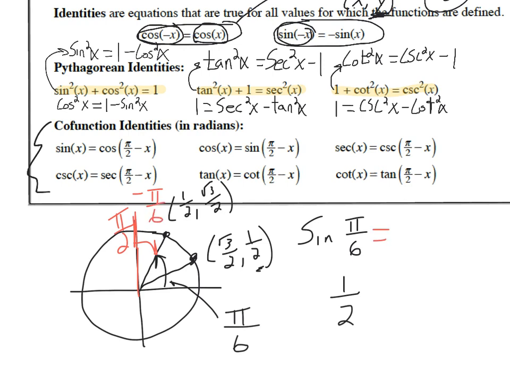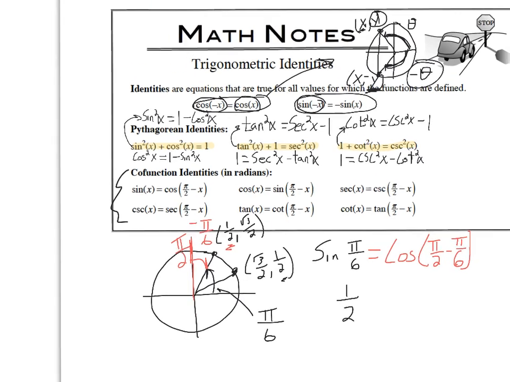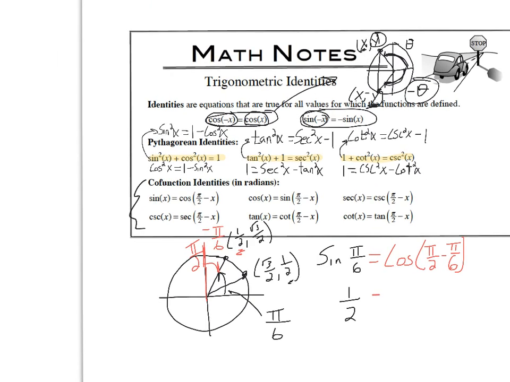So this is equal to, since it's the x coordinate, the cosine of pi over 2 minus pi over 6. It's also 1/2. So those are your cofunction identities.